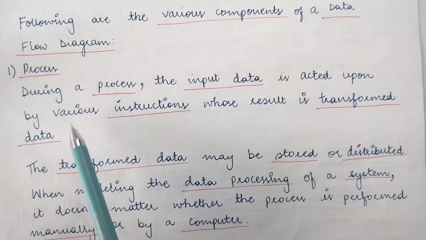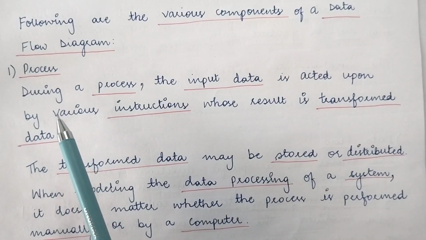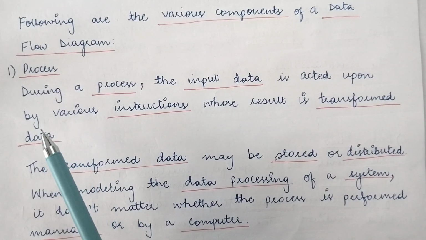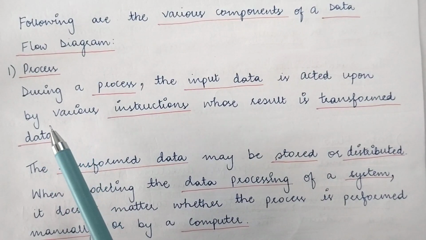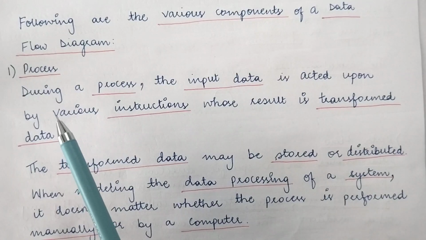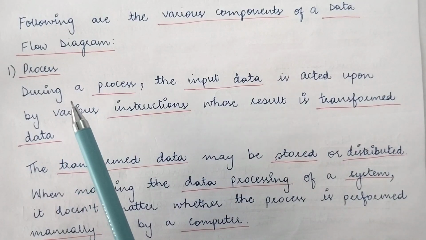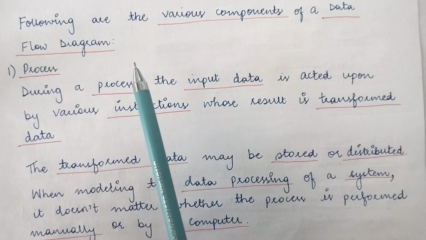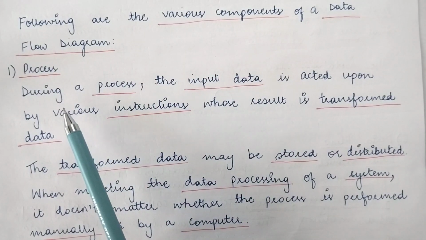You know, everything revolves around the process, whether it is a DFD or a context diagram or a functional decomposition diagram. We are basically representing the processes or functions through this particular data flow diagram. So the first important component or element of a data flow diagram is a process.